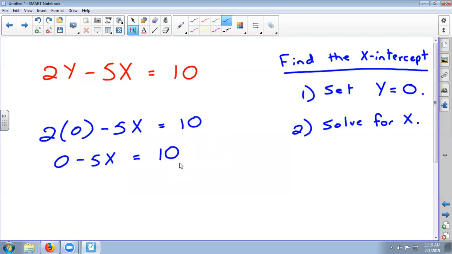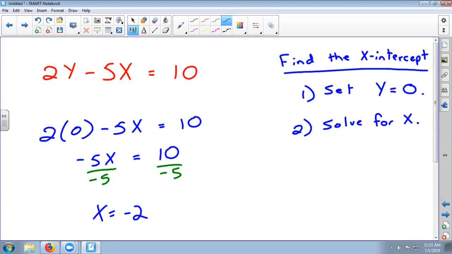Okay. Solve for x. Divide by -5. Now these are easy ones. Okay. Oh, -2. Again, divided by -5 is -2.